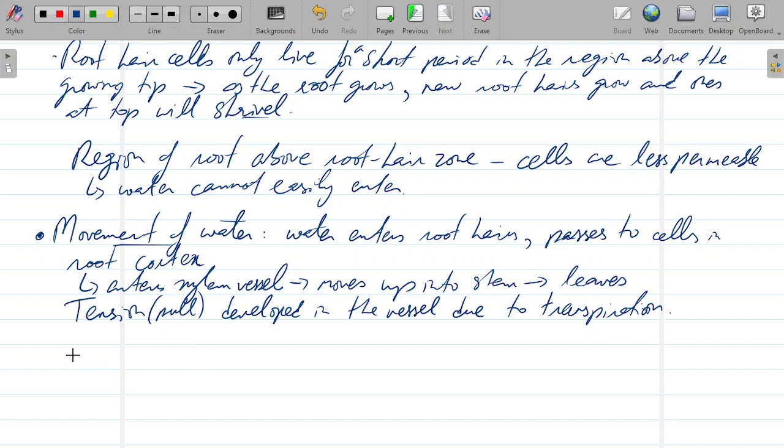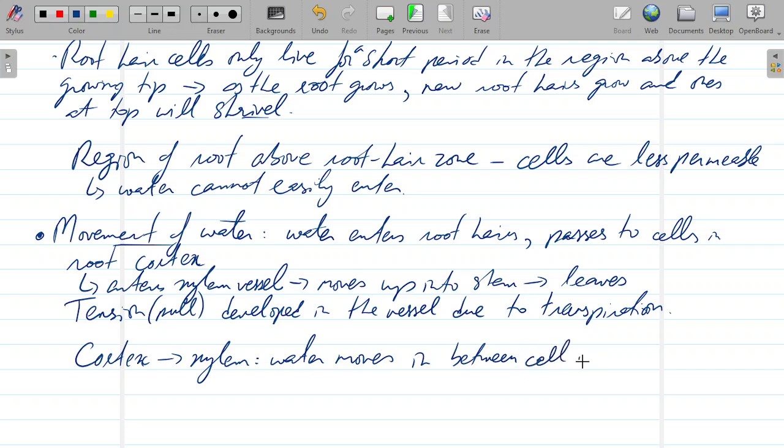So in the root, from the cortex to the xylem, right, water moves in between cell walls. What does that mean?